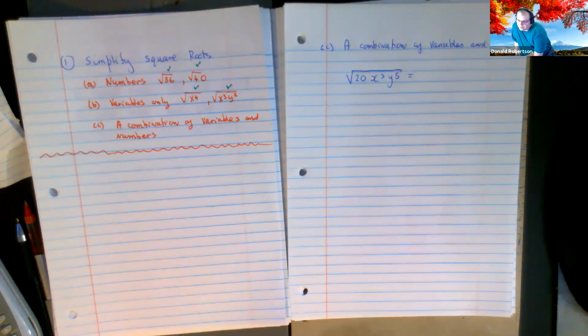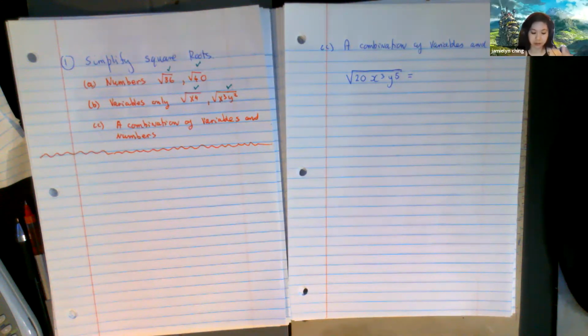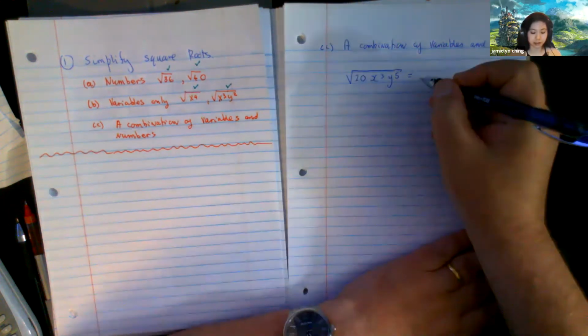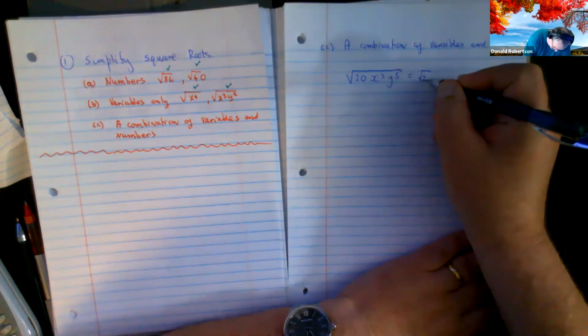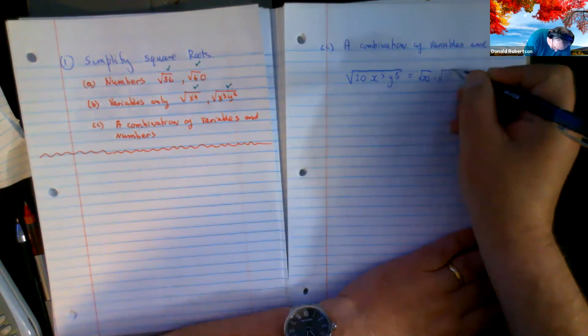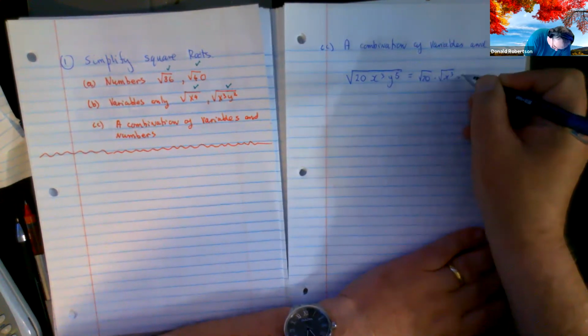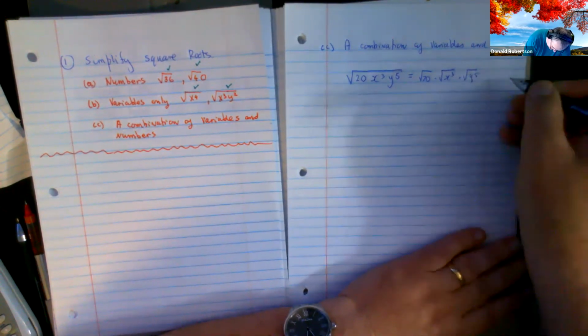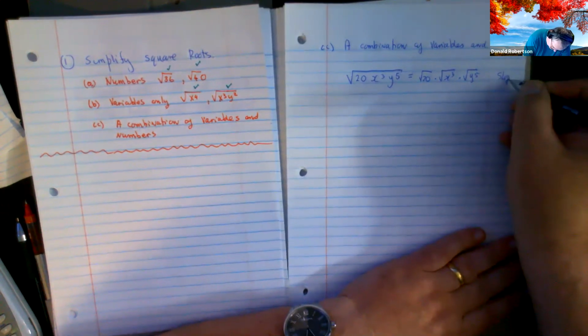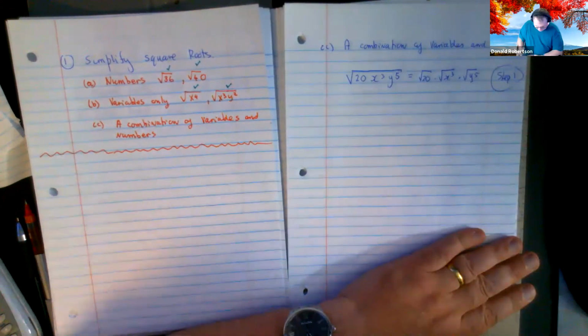Any ideas what we should do as the first step in this process? Separate each section. Okay, so square root of 20, a square root of x cubed, and a square root of y to the 5, and that's your step 1. Do that first.